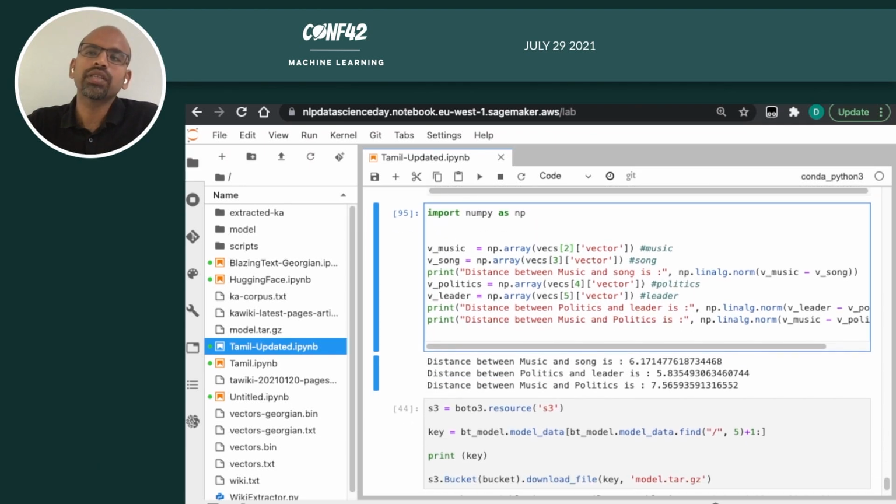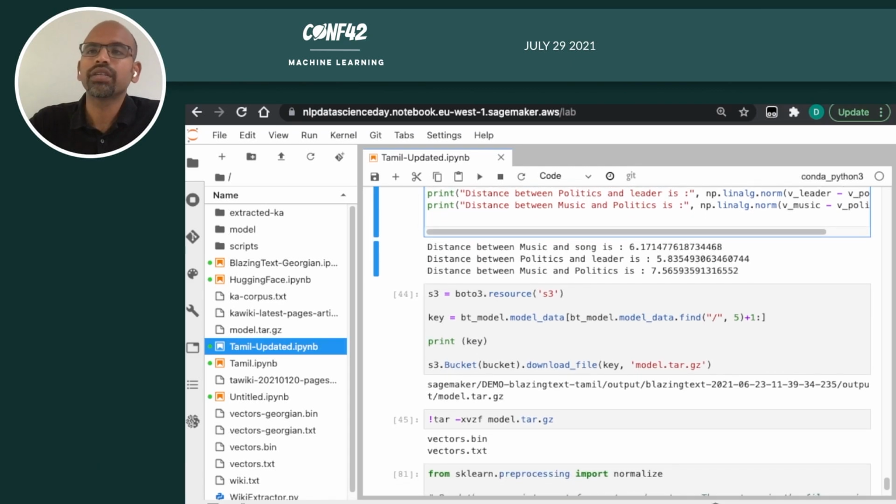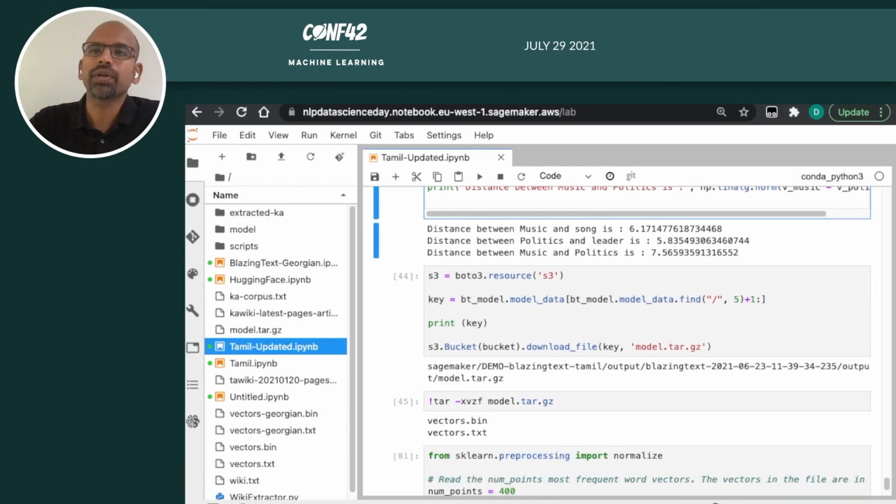Because I restricted myself to fewer words within our corpus and did not bother much about accuracy, we are seeing what we are seeing. But with a bit more effort on hyperparameter optimization, this can be a lot more accurate, and very interesting inferences could be made from this.